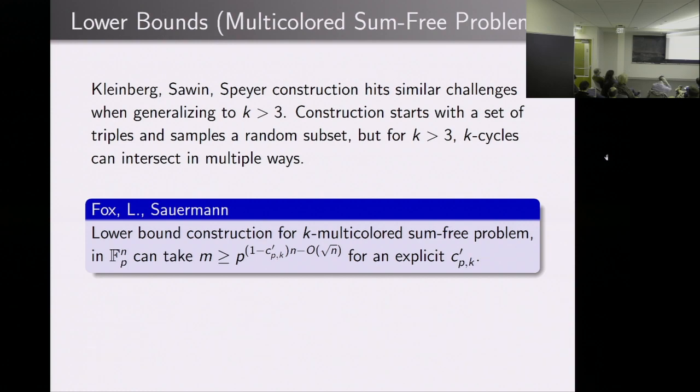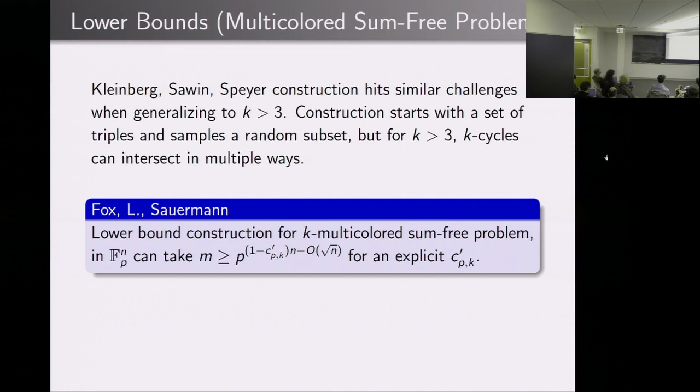But here we were able to get around this, and we can do a lower bound construction for an explicit CPK prime, which should be equal to the CPK on the previous page. If you're familiar with the story of the Kleinberg-Sullivan-Spire paper, there's a similar conjecture that should be true, and if it's true, then it's the same.